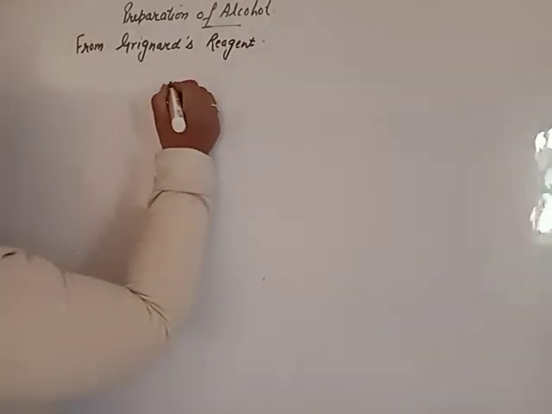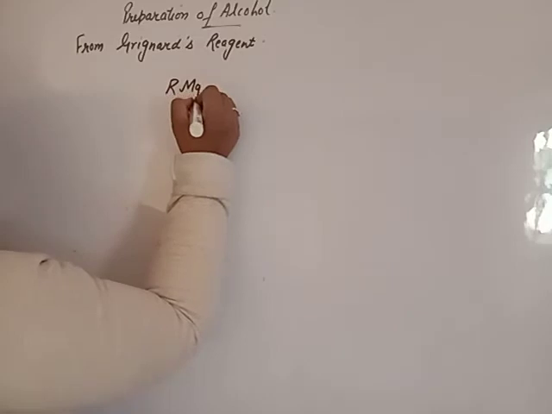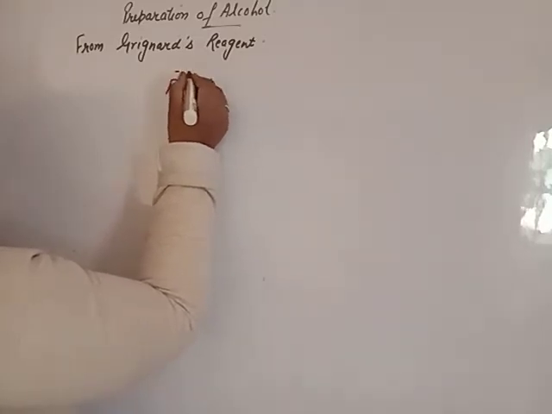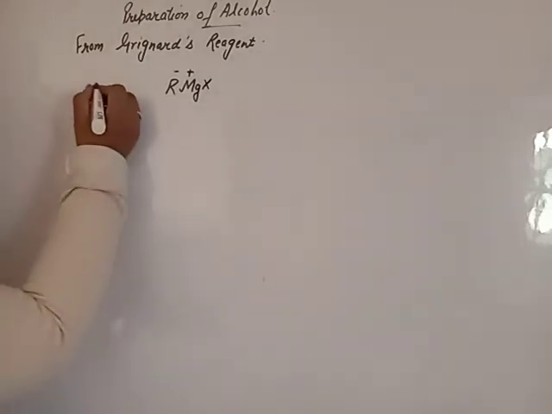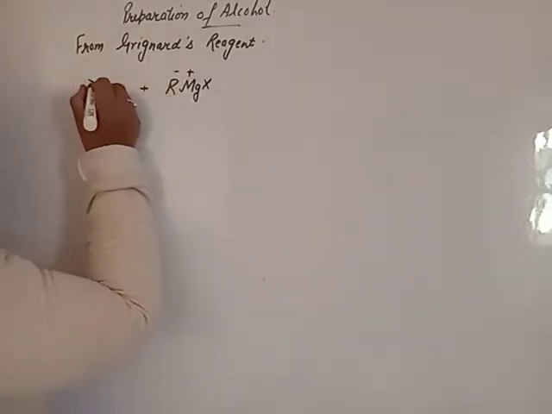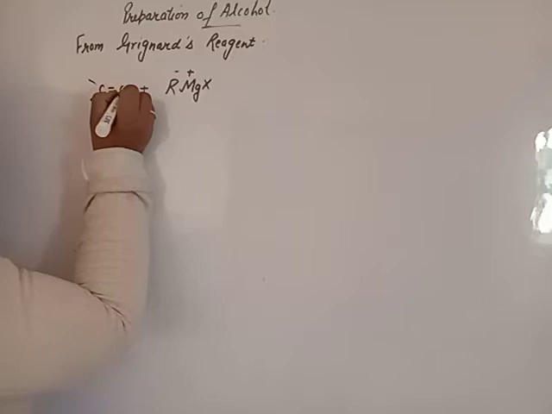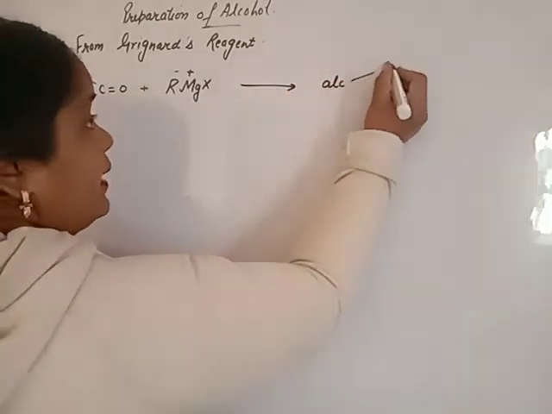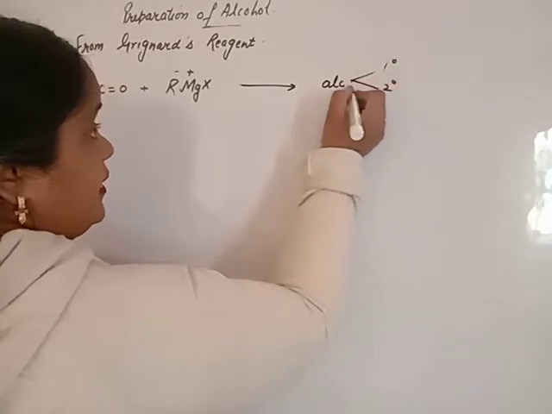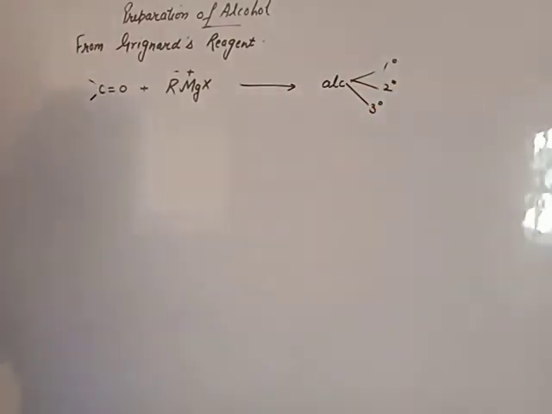Beta, Grignard reagent is RMgX, R negative, Mg positive. When this Grignard reagent reacts with a carbonyl group, beta, we will get alcohol, either primary, secondary or tertiary. All alcohols can be prepared by this method.